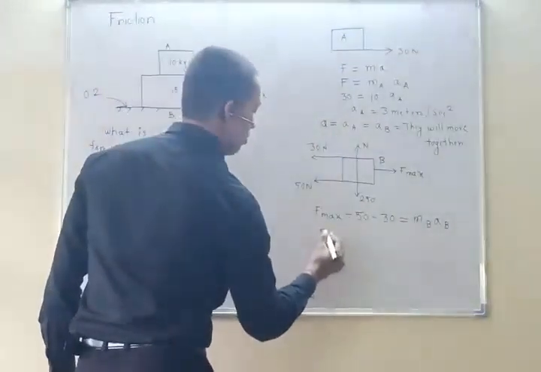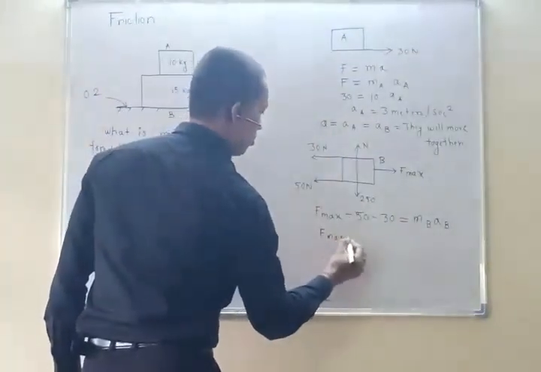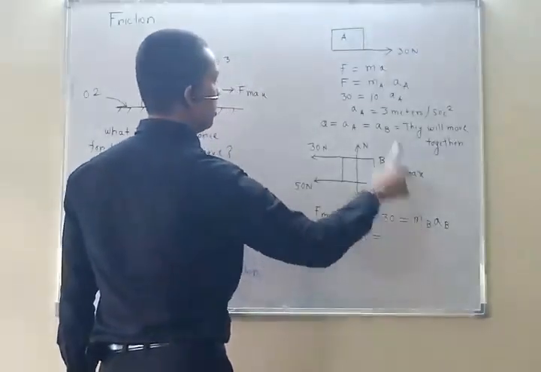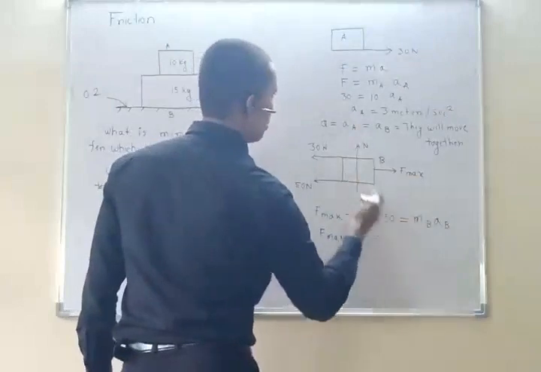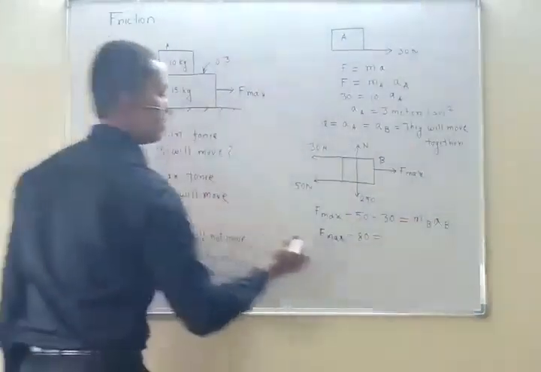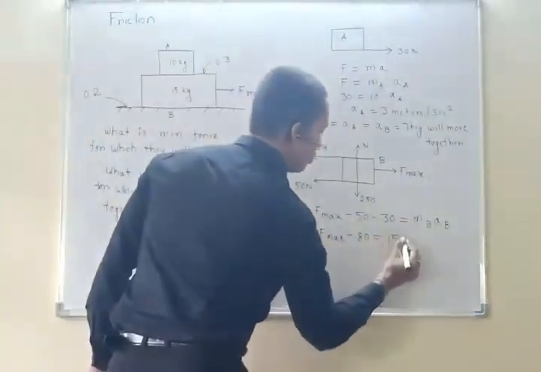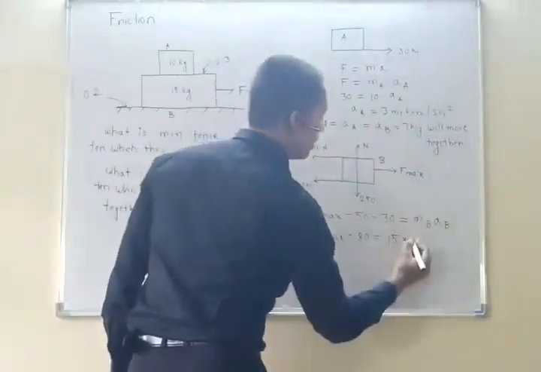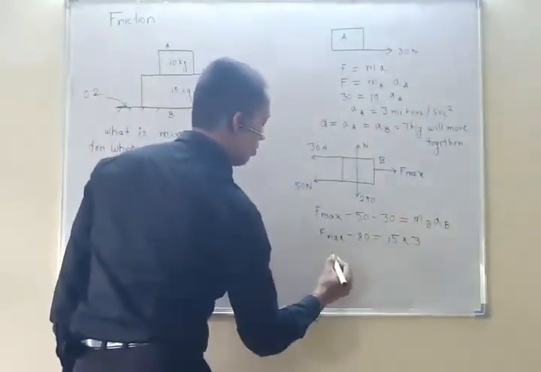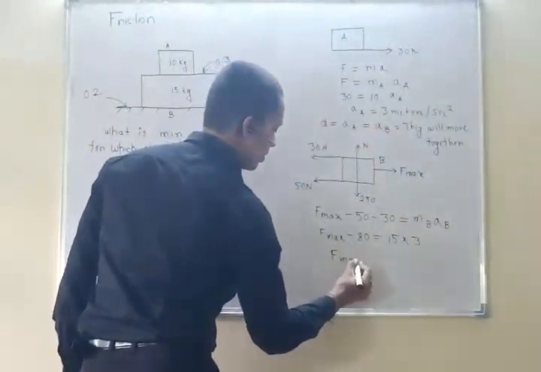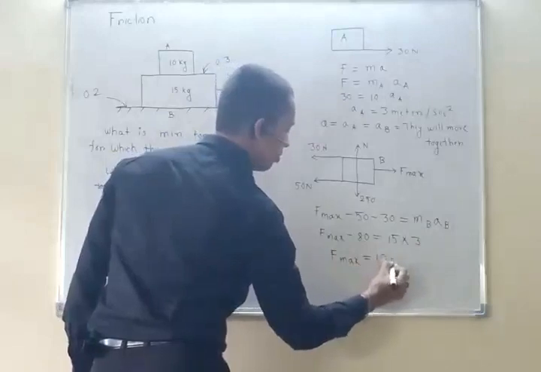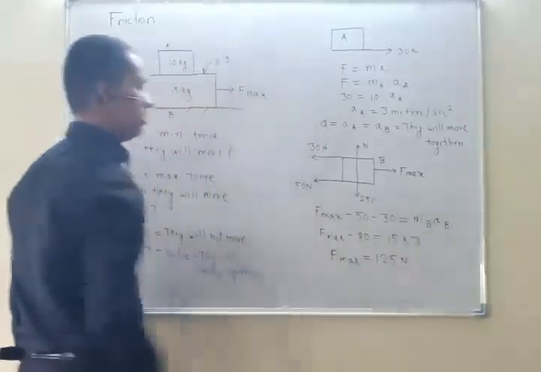So F max minus 80 is equal to mass of B, which is 15 kg, into acceleration of B. Acceleration of B is maximum 3. So 45. F max is equal to 45 plus 80, 125 Newton.